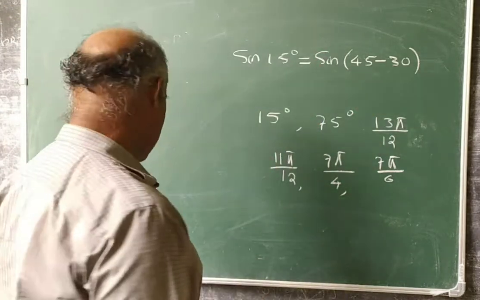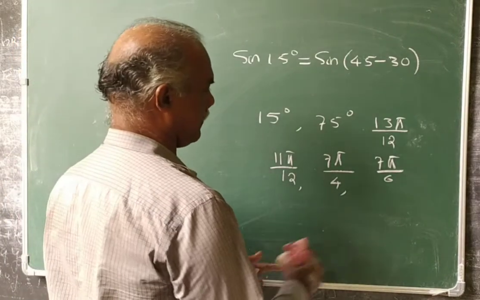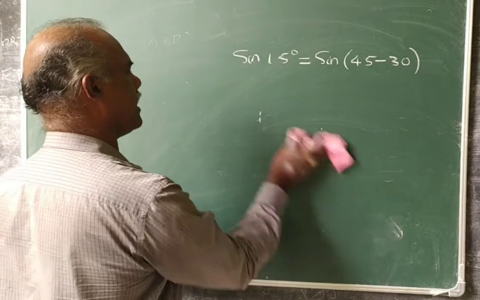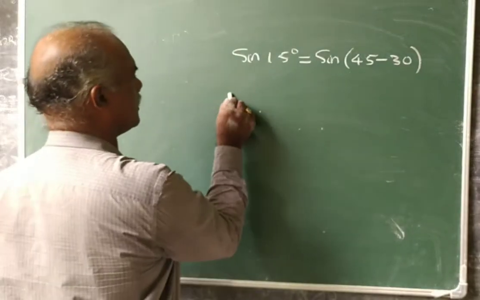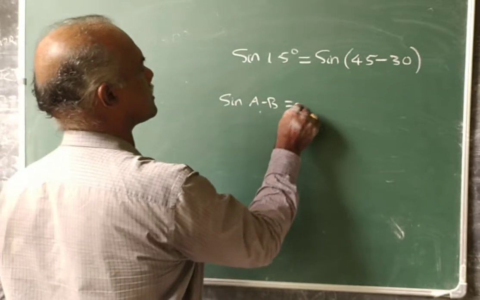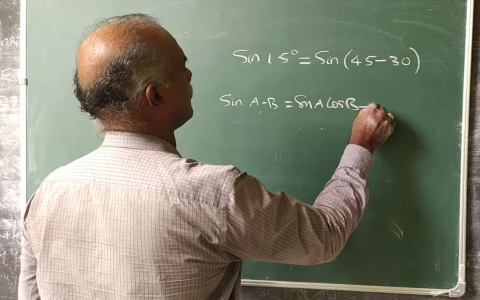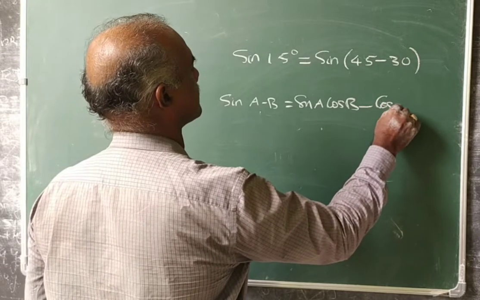Now we use the result sine of A minus B, which is sin A cos B minus cos A sin B.